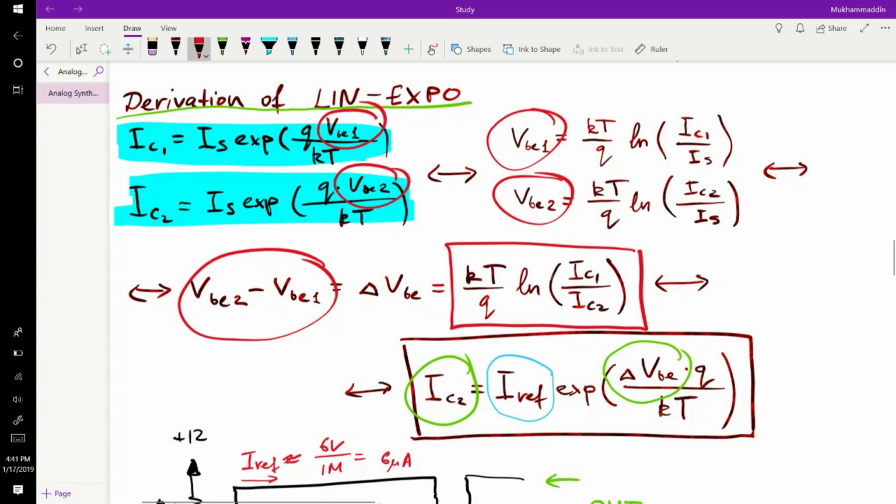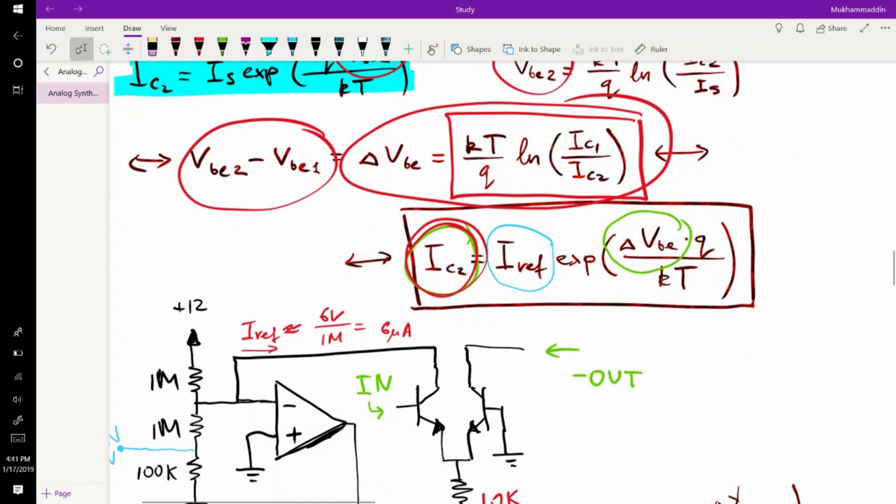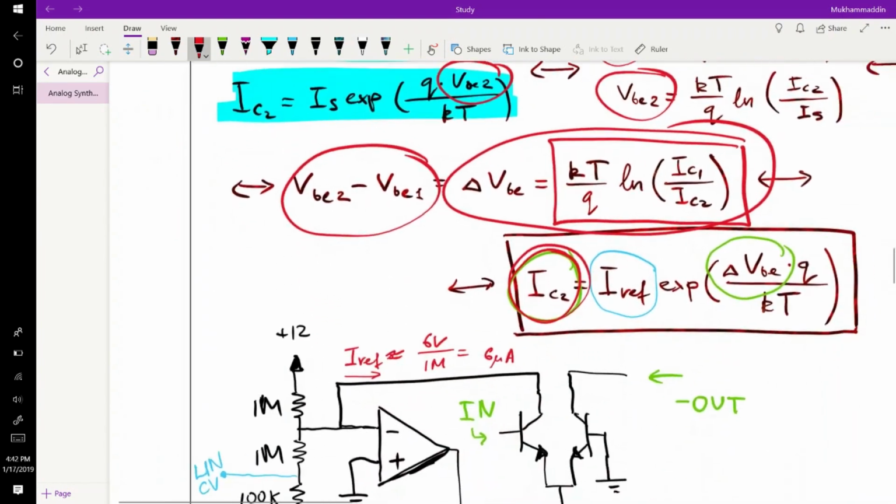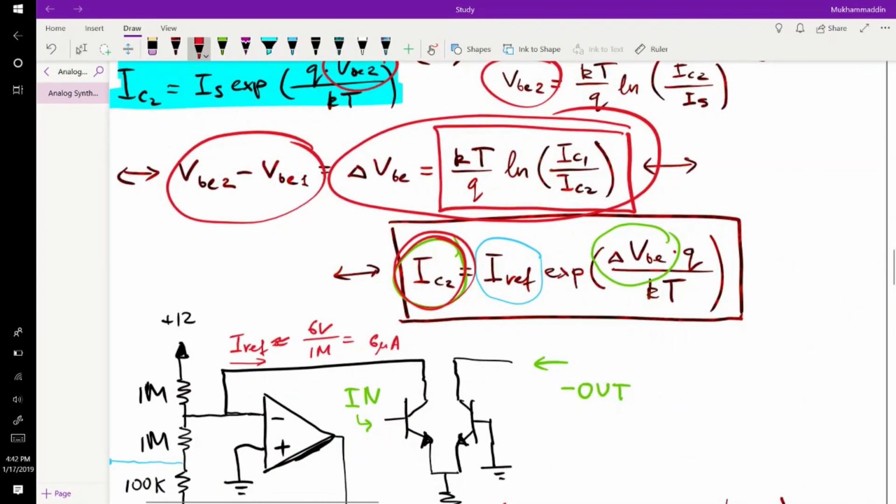So now you solve this formula for IC2 like it's shown here, and instead of calling IC1, you call it a reference current. So now you almost have an original formula, but instead of having a strongly temperature dependent IS, you now have a strictly controlled reference current, which is a great way to circumvent the thermal effect.